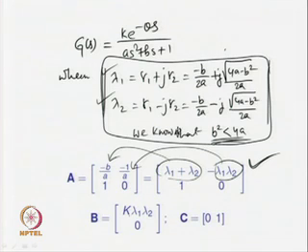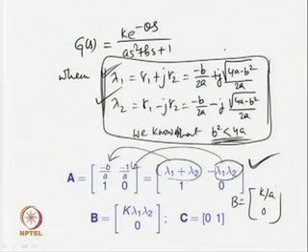Therefore, b can be further written as k by a. So, these things you should not confuse, because b can be written either in terms of the constants of the transfer function model or in terms of the new variables we have introduced, the lambdas or the gammas.